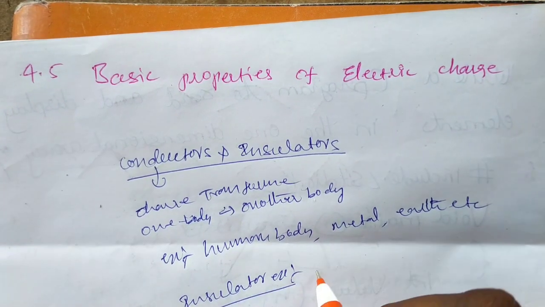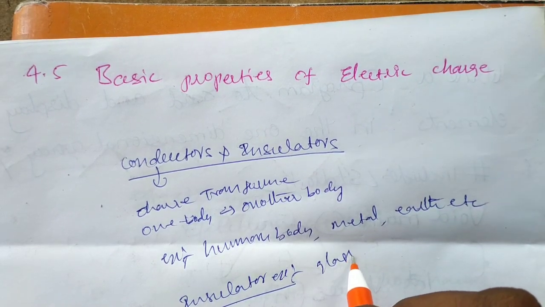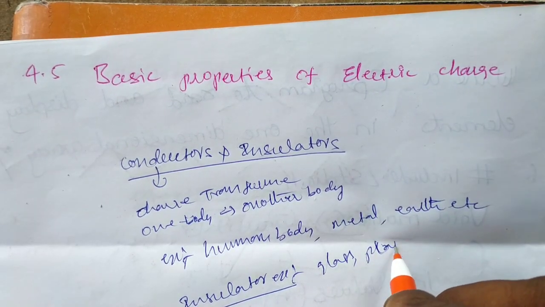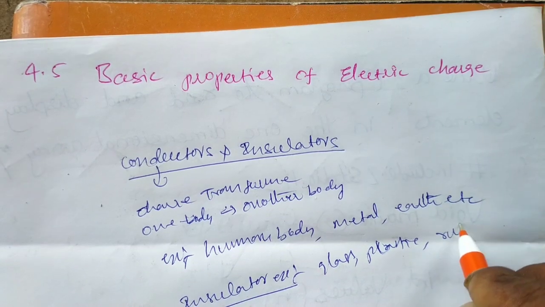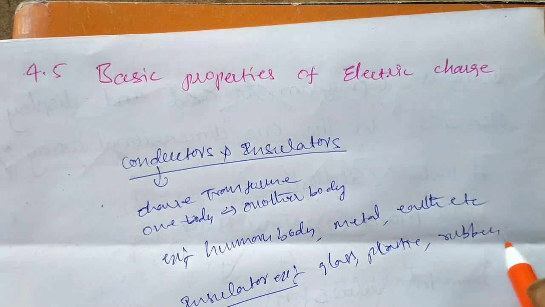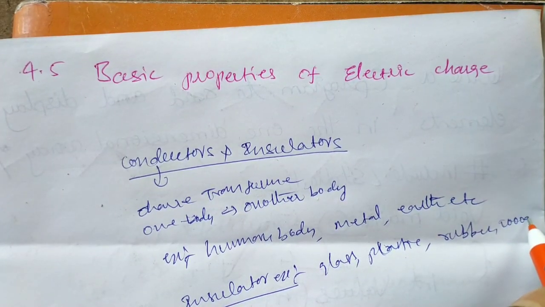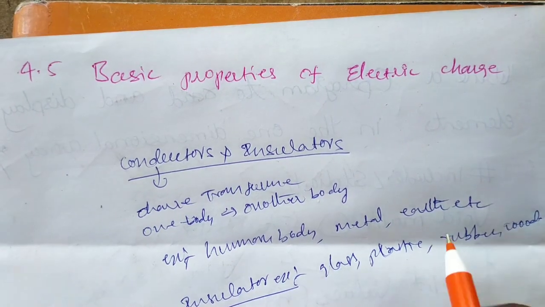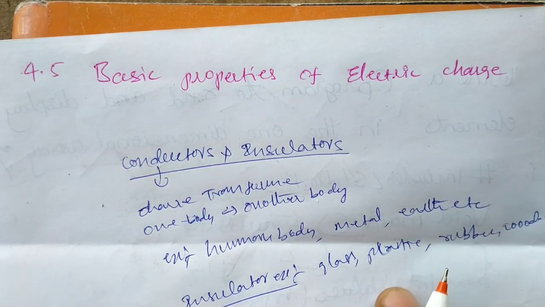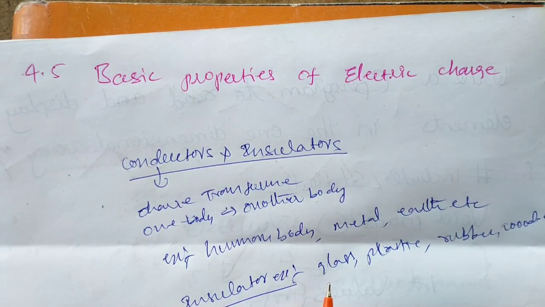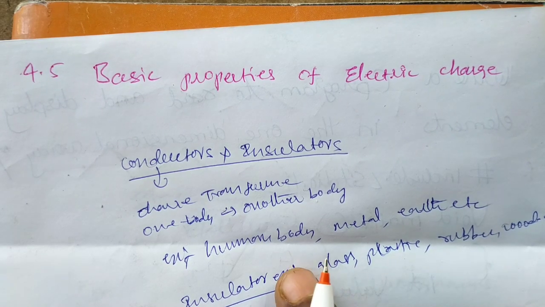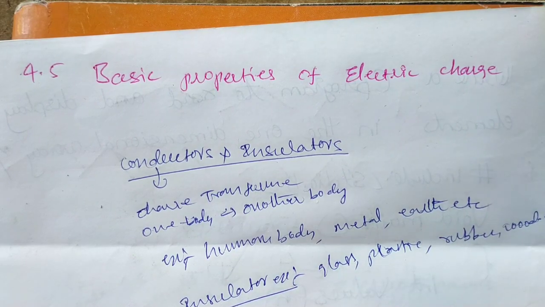Examples are glass, plastic, rubber, wood, etc. Insulators do not transmit charge carriers. Conductors transmit electrons from one body to another body.